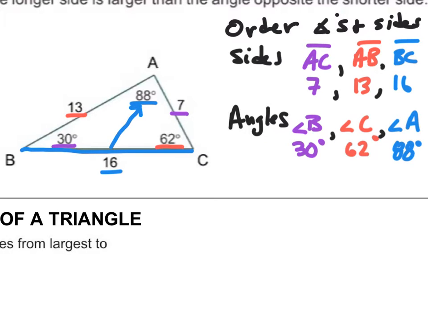Same thing with the medium side length: that is directly across from the medium-sized angle. And the smallest side is directly across from the smallest angle.